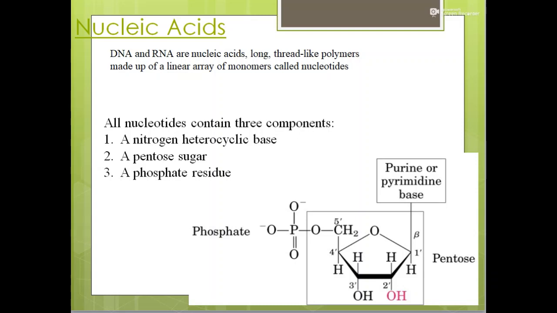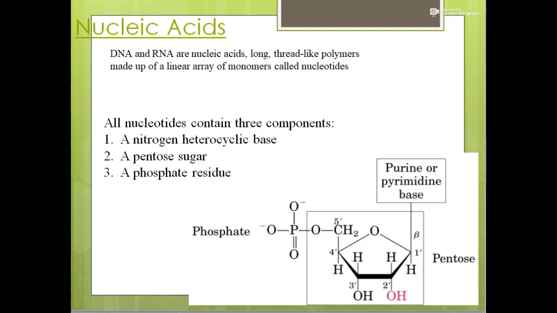Now, as I told you, if you go deep into the structure, you can see that this is a structure of the pentose sugar. Now, the pentose sugar is here, and this sugar is combined with a base, either a purine or a pyrimidine base, and at one end we have the phosphate.